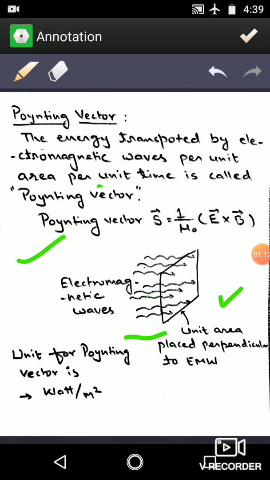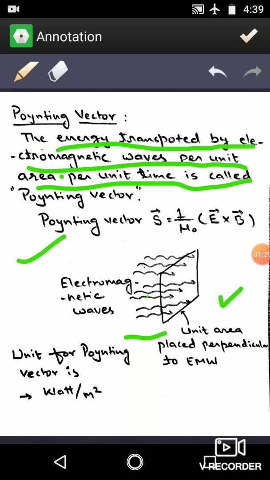Here I have defined Poynting vector: the energy transported by an electromagnetic wave per unit area per unit time is called Poynting vector.